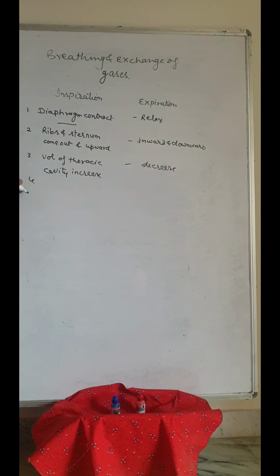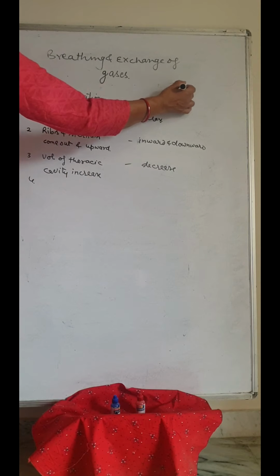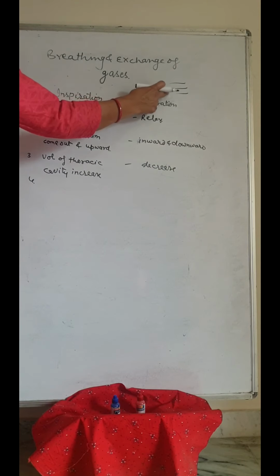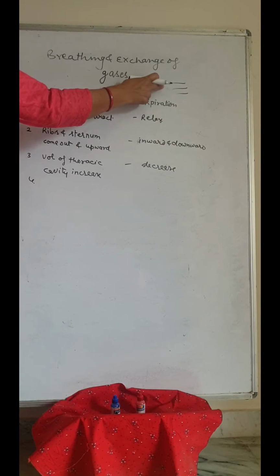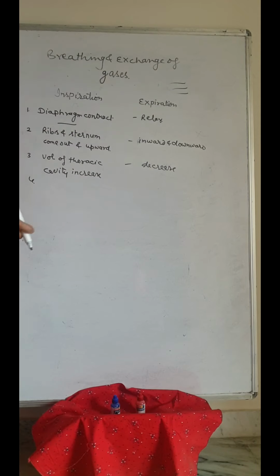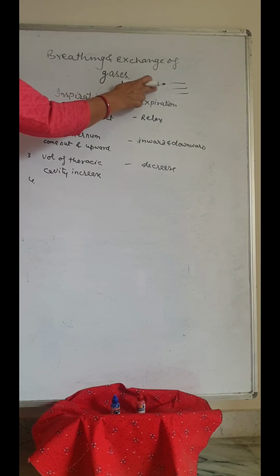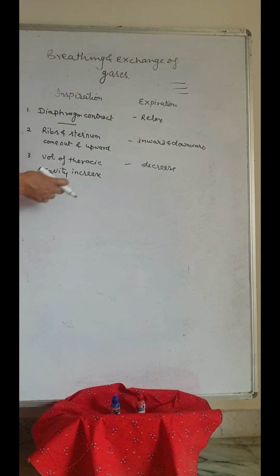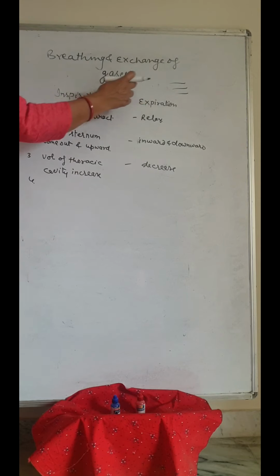The next one is, for example, these are the ribs. Between the ribs, the intercostal muscles are present. These intercostal muscles are 11 pairs. The ribs are 12 pairs, but the intercostal muscles are 11 pairs.